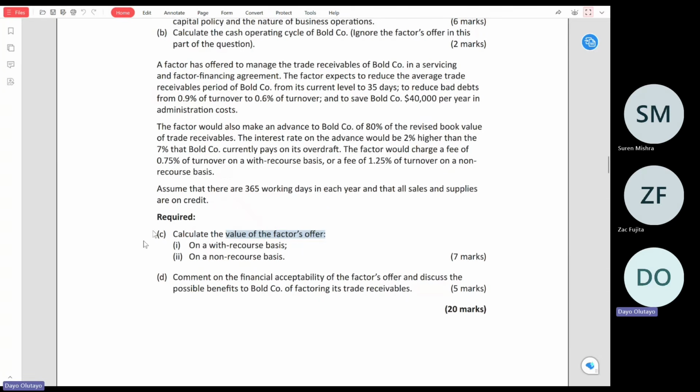And for us to also be very clear as to whether it's worth it or not worth it, we need to be able to compare with the current situation, which is what D is talking about, financial acceptability of the offer. The offer will be acceptable if it is making our life better. But if it is not making us better, then it shouldn't be acceptable.